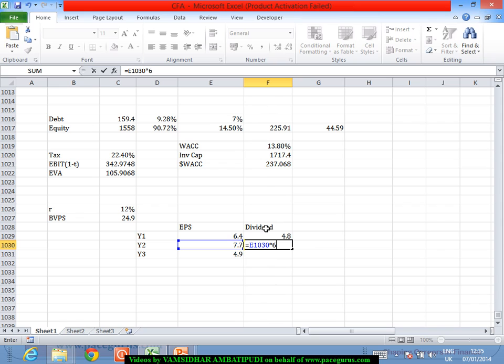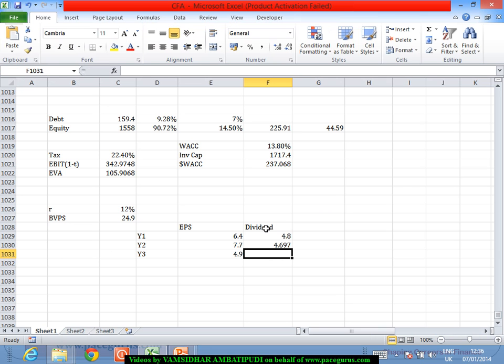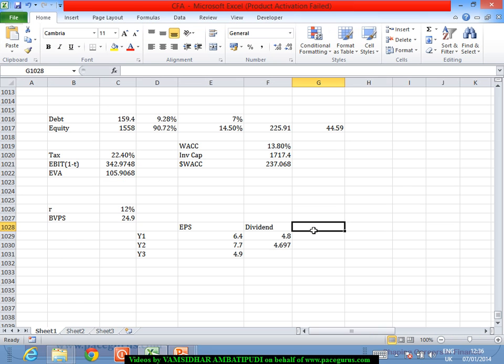Then the third year we are talking about a liquidating dividend, which means I will add up the total book value that is still left. So for the third year, let me not compute it right away, and compute the residual income in each of the years and find the value of the stock.